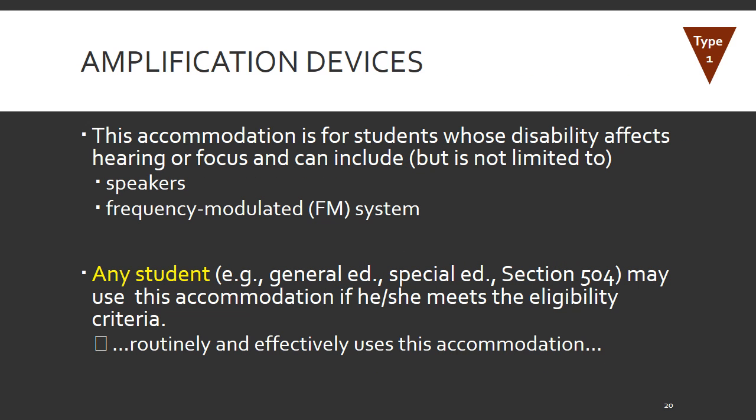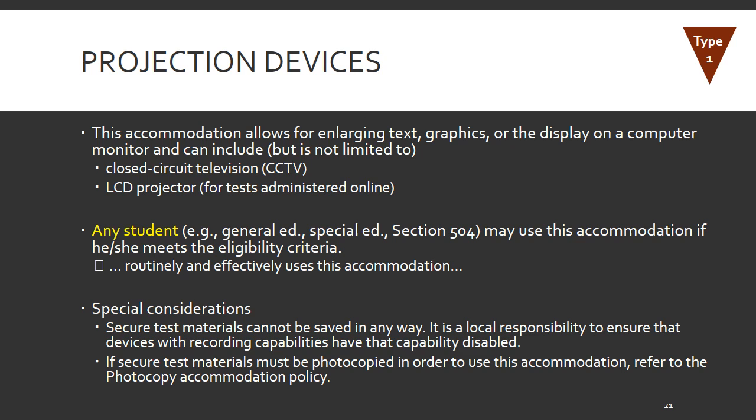Amplification devices. This accommodation is for students whose disability affects hearing or focus and can include, but is not limited to, speakers, frequency modulated system. Projection devices. This accommodation allows for enlarging text, graphics, or the display on a computer monitor and can include, but is not limited to, closed-circuit television or LCD projector.